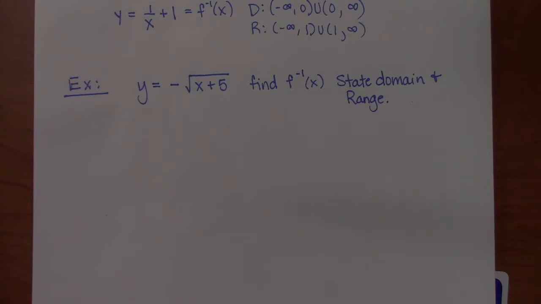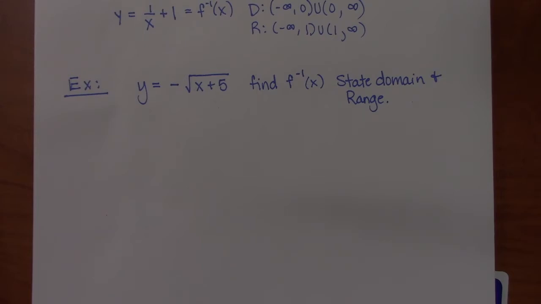All right. So with this one, we want to find the domain and range and the inverse if it exists. So this is the graph of the square root of x, shifted left 5 places, and flipped over the x-axis. So its y values are negative everywhere, and it's just shifted over a little bit.